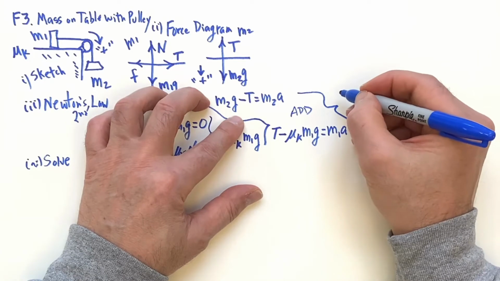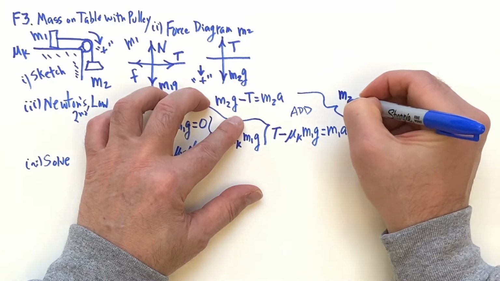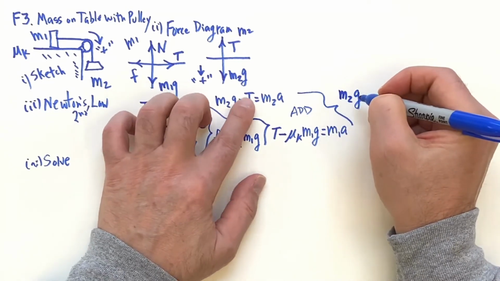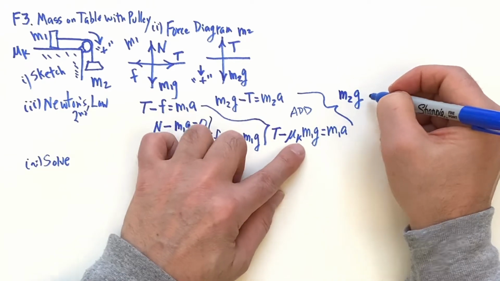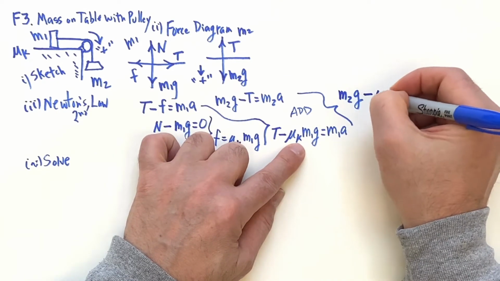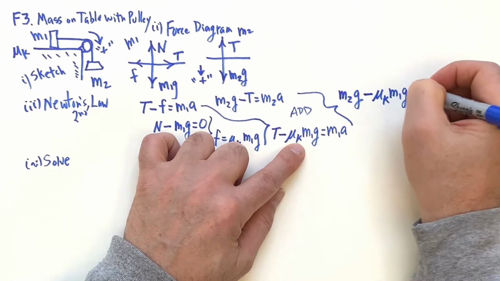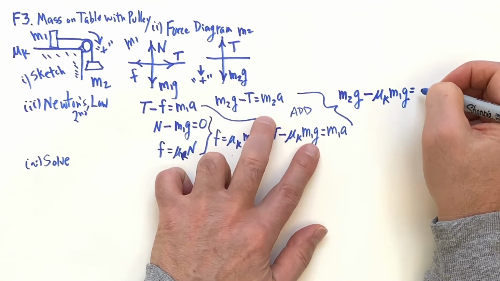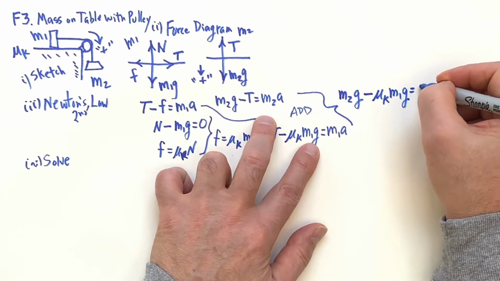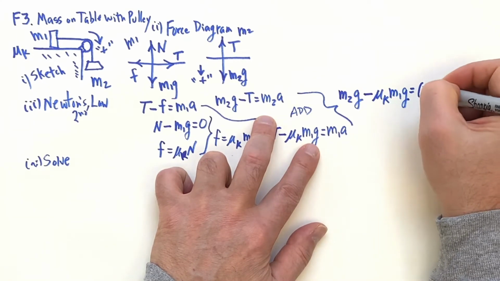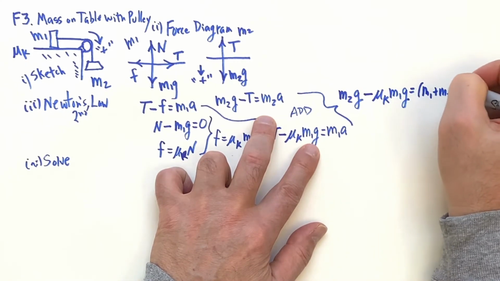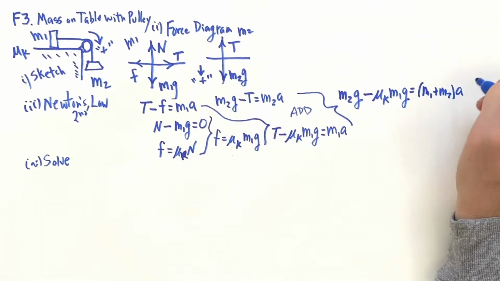So if we do this, we'll have M2G minus T plus T, that cancels, and then minus mu k M1G, and then the masses add up. I'm going to put here M1 plus M2 times A.